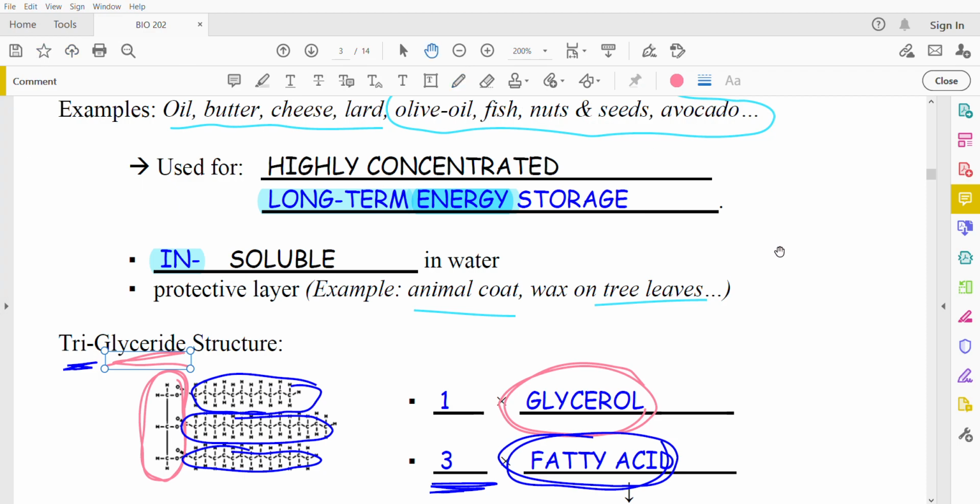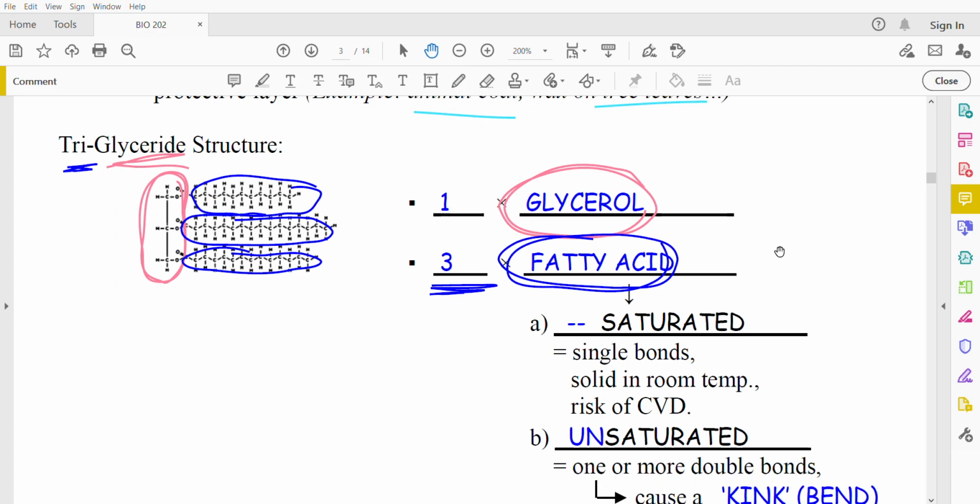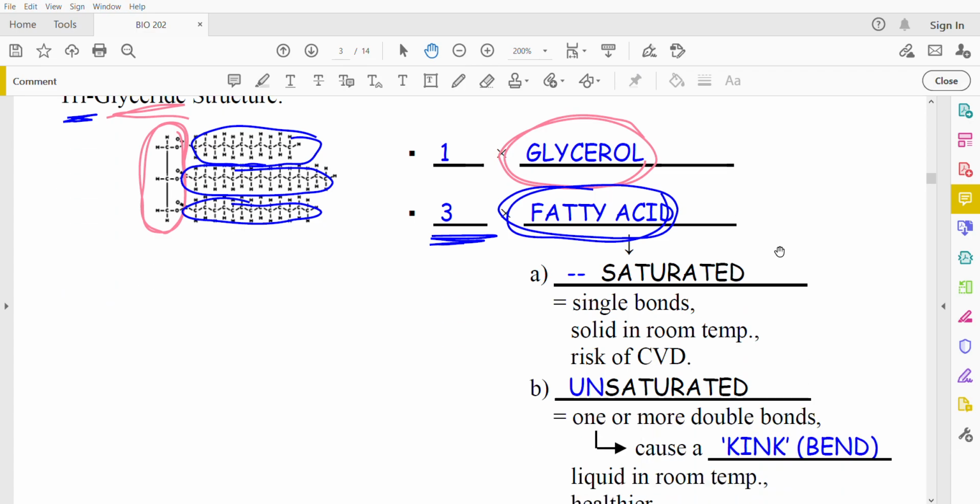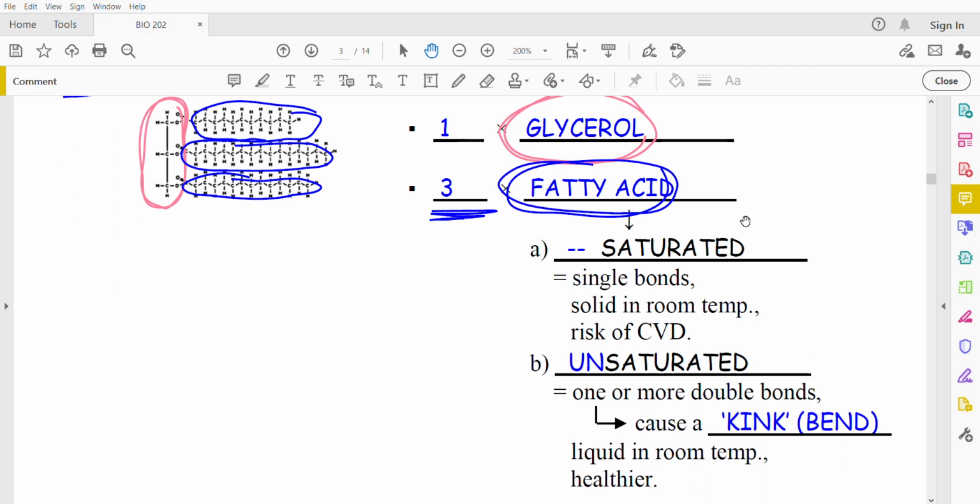What else should we know about lipids? These fatty acids could be different kinds. We had fatty acids that were simply connecting those carbon atoms with single bonds.